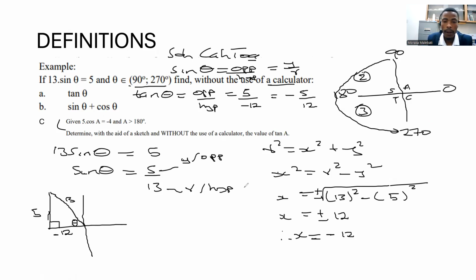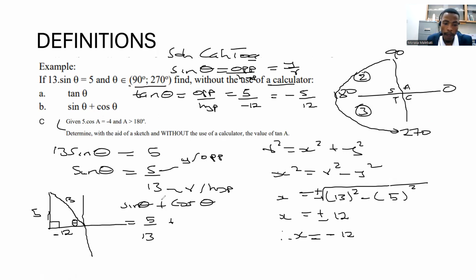Then you will say, what is this value that we get over here? Well, we have sine theta plus cos theta. Sine is opposite over hypotenuse, so the opposite is 5 and the hypotenuse is 13.